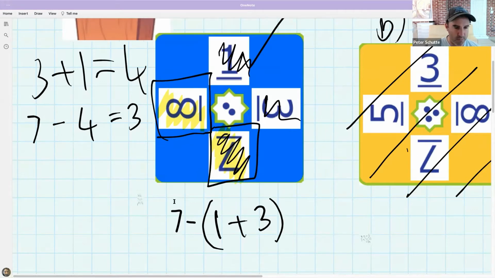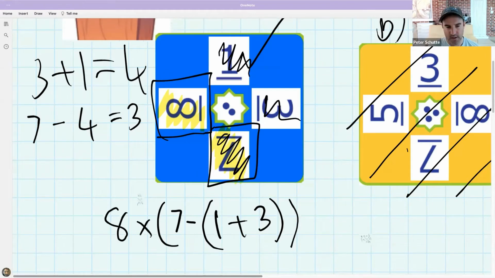And if I really want to be sneaky, I can put this in a bracket. So this whole thing is 3, and then I just go 8 times this thing. And so essentially this would be 4, and then 7 minus 4 is 3, and then 3 times 8 is 24. Okay, so we're going to start the lesson properly now, but I hope that was a fun little warm-up just to get you guys going.